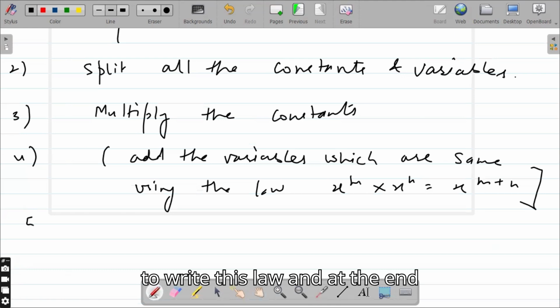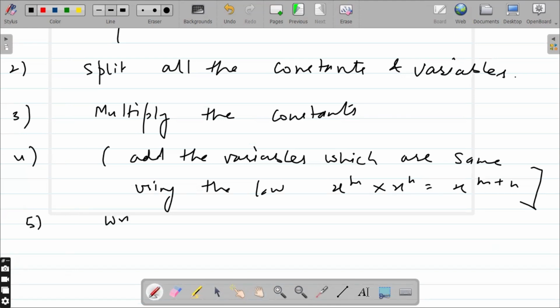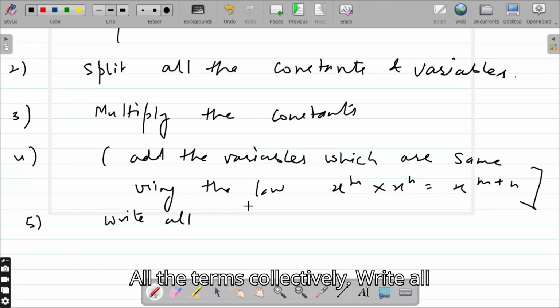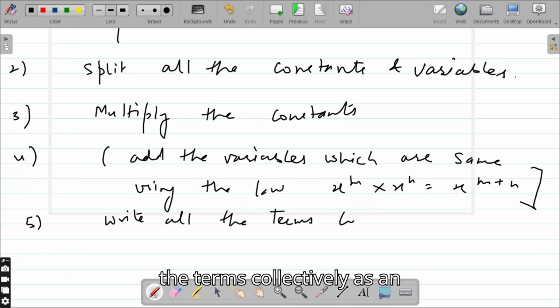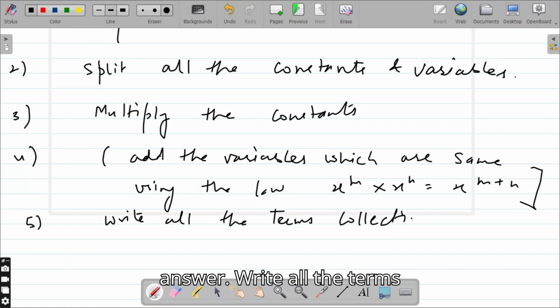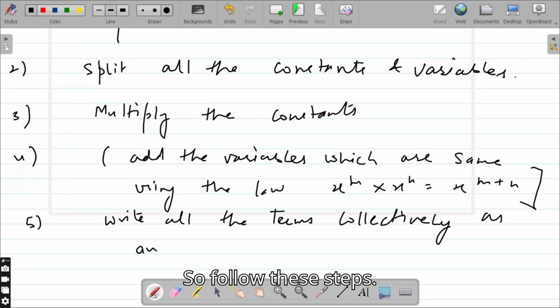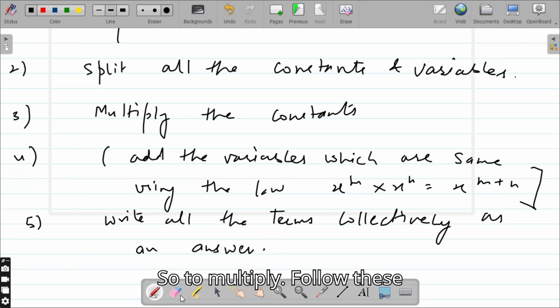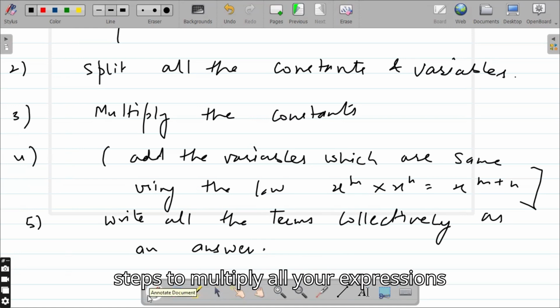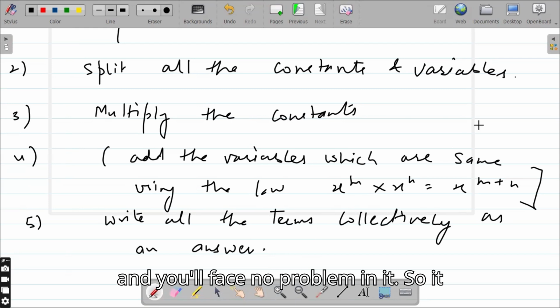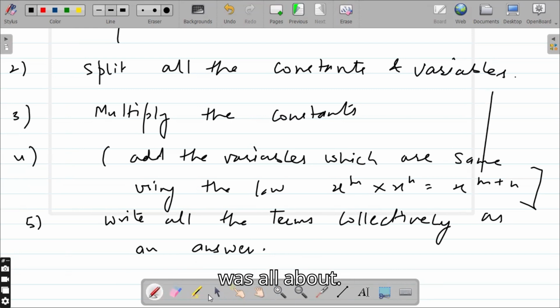And at the end, write all the terms collectively as an answer. So follow these steps to multiply all your expressions and you will face no problem in it.